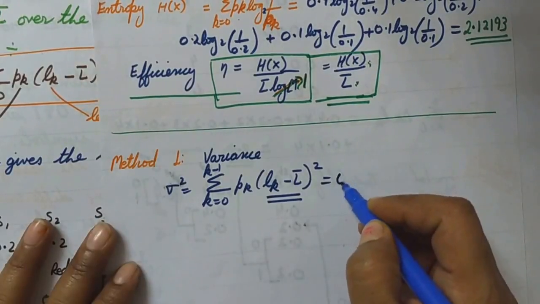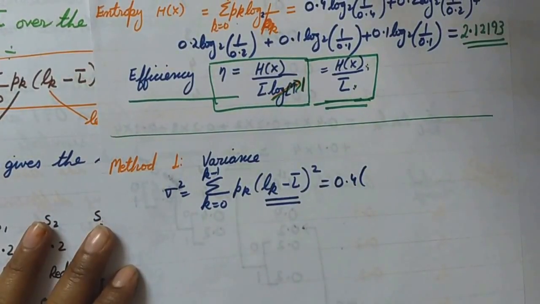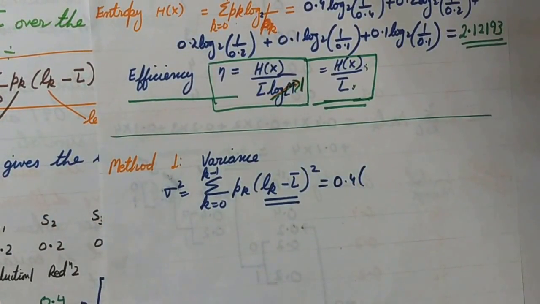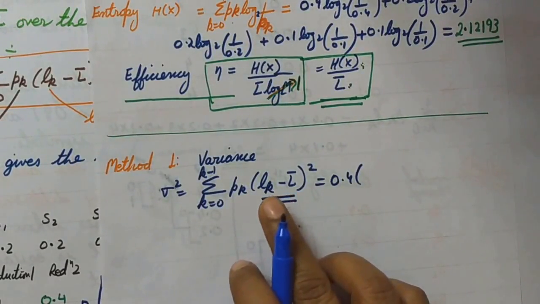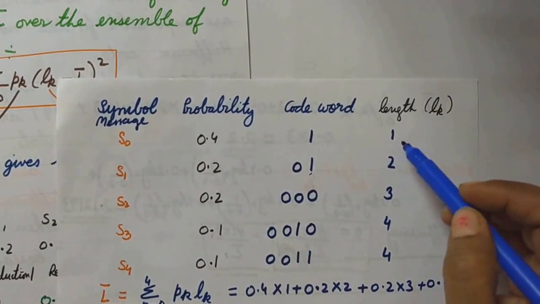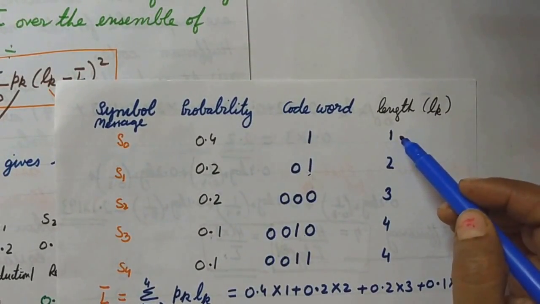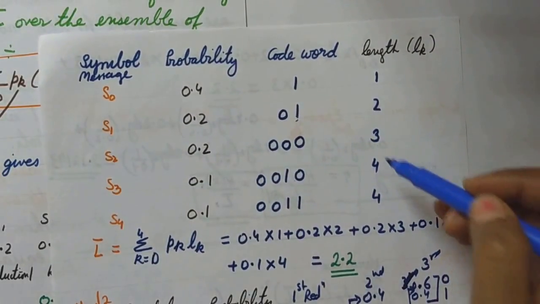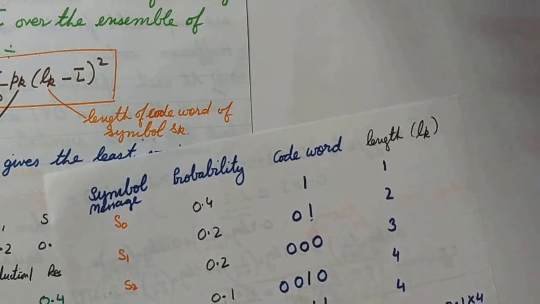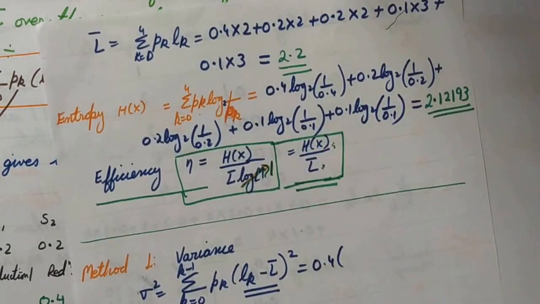The first probability is 0.4. L bar is fixed, it is 2.2 for both the methods. The difference is in Lk. In method number 1, the Lk was of the order 1, 2, 3, 4, 4.